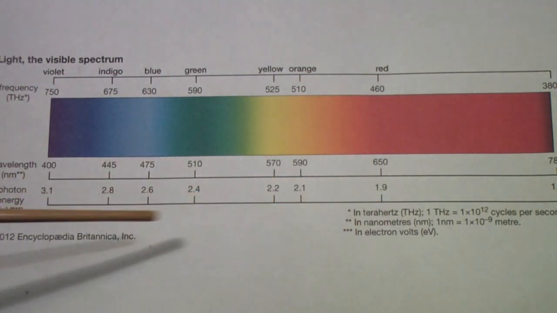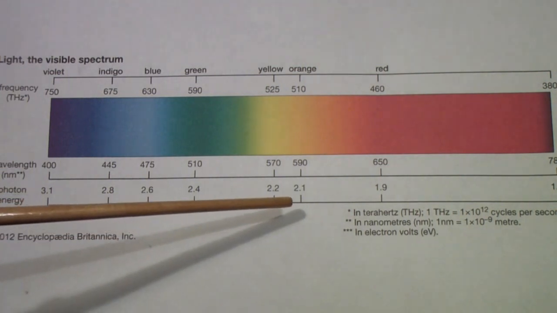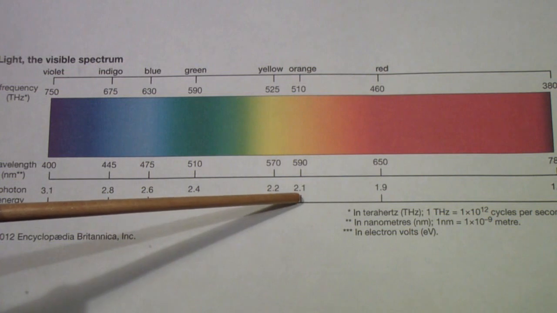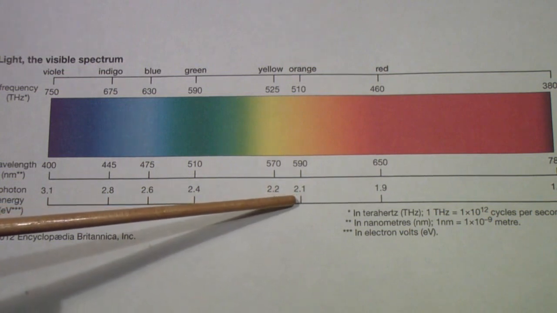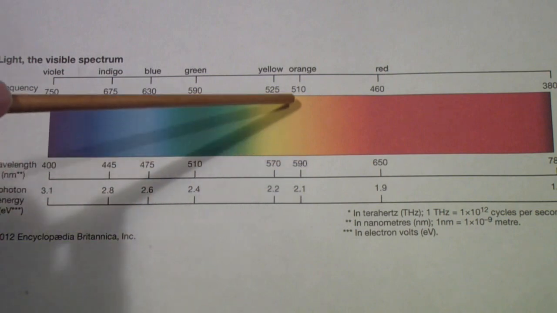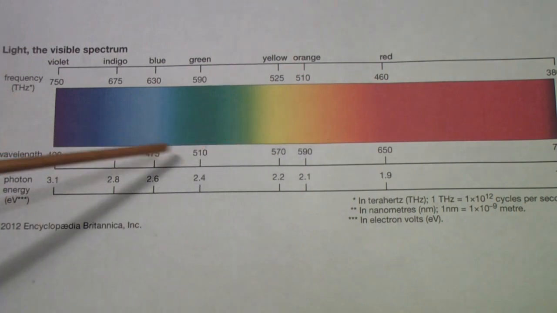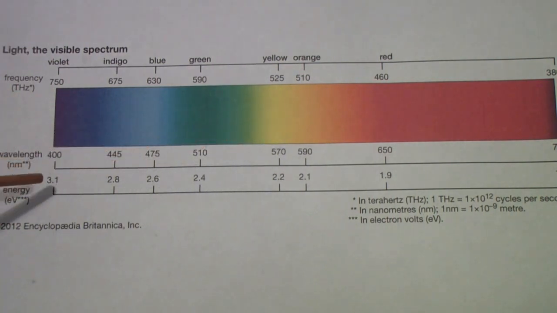This graph is the photon energy. In other words, a photon with 2.1 electron volts of energy is emitting light in this area between yellow and orange. Similarly, the highest energy photons are in the violet region, and of course the ultraviolet are even higher energy than that.